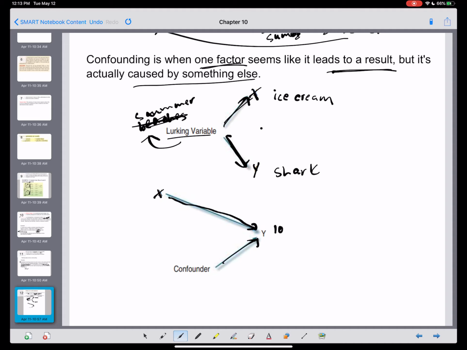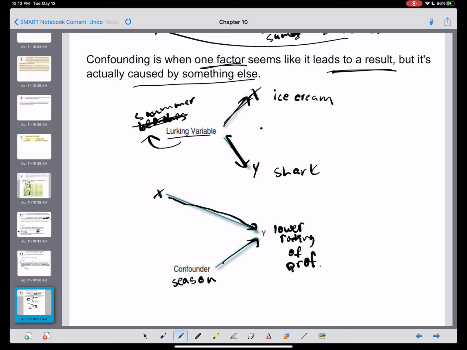Lower rating of the professor. What we thought the confounder was, was the season. We talked about the season being the main influence.